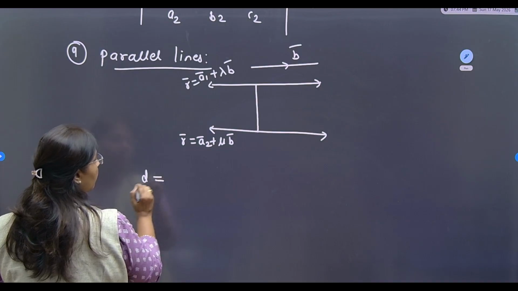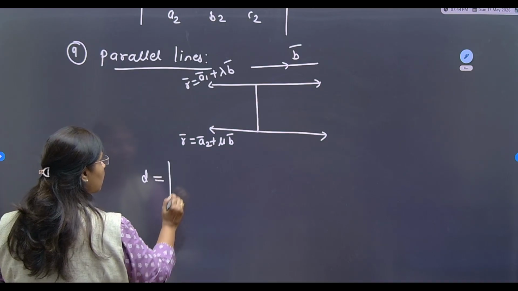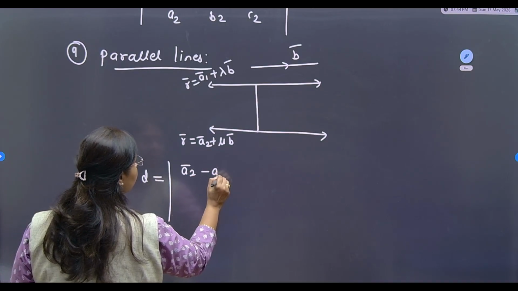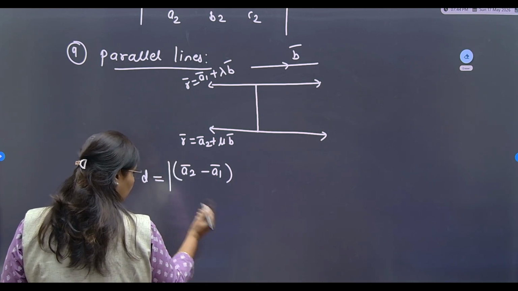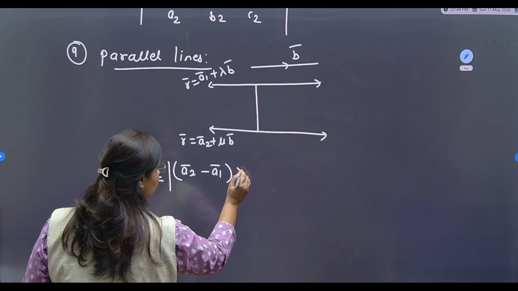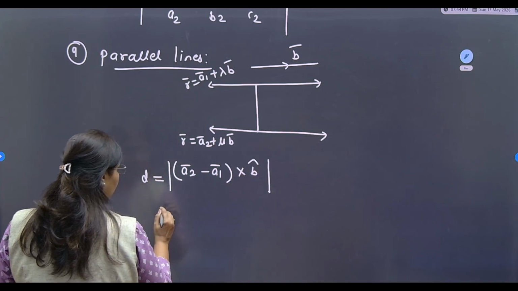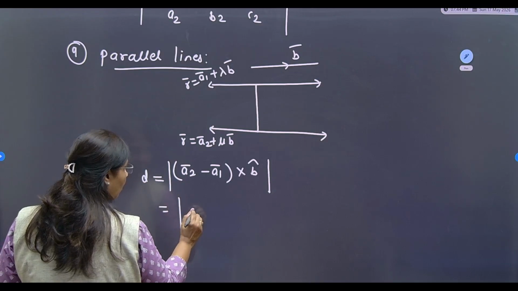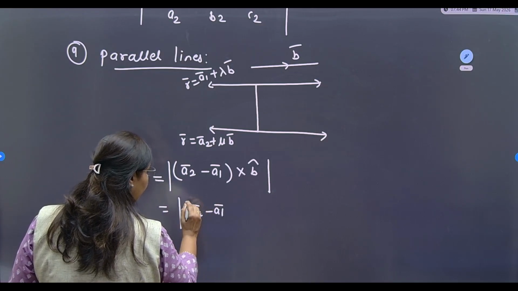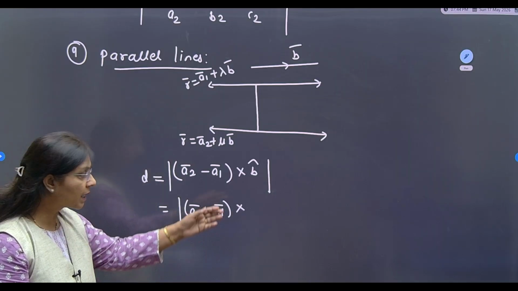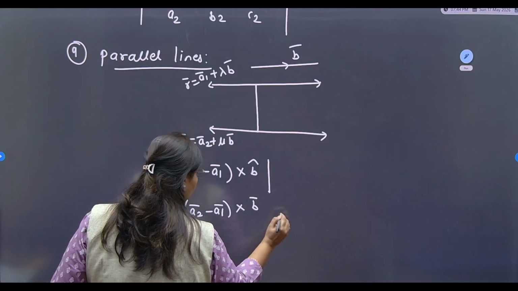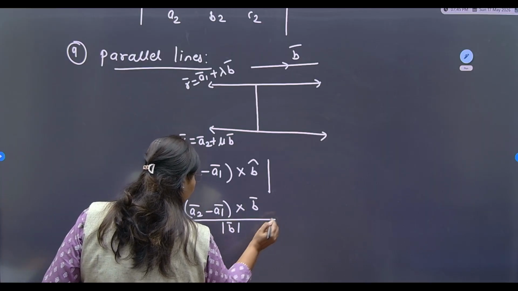Distance between two parallel lines formula: modulus of (a2 bar minus a1 bar) cross b cap, where b cap equals b bar upon magnitude of b bar.